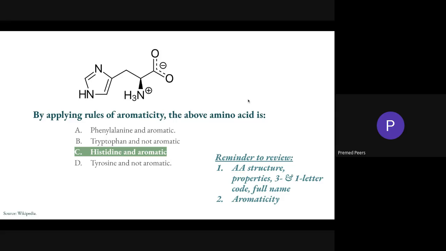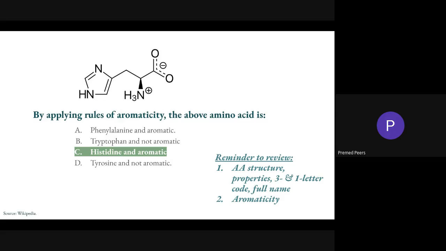And here, histidine is aromatic because even though it is a 5-member ring, it can change its orientation in terms of the electrons.